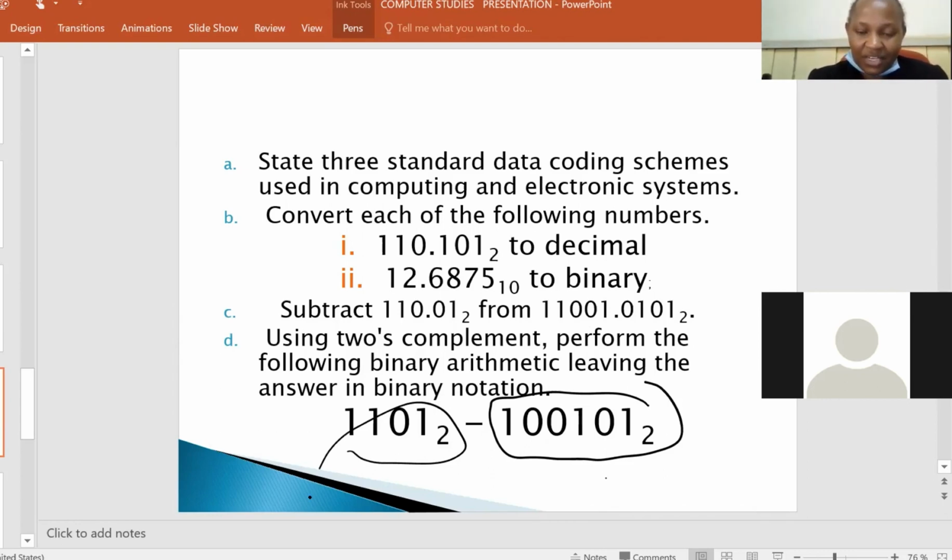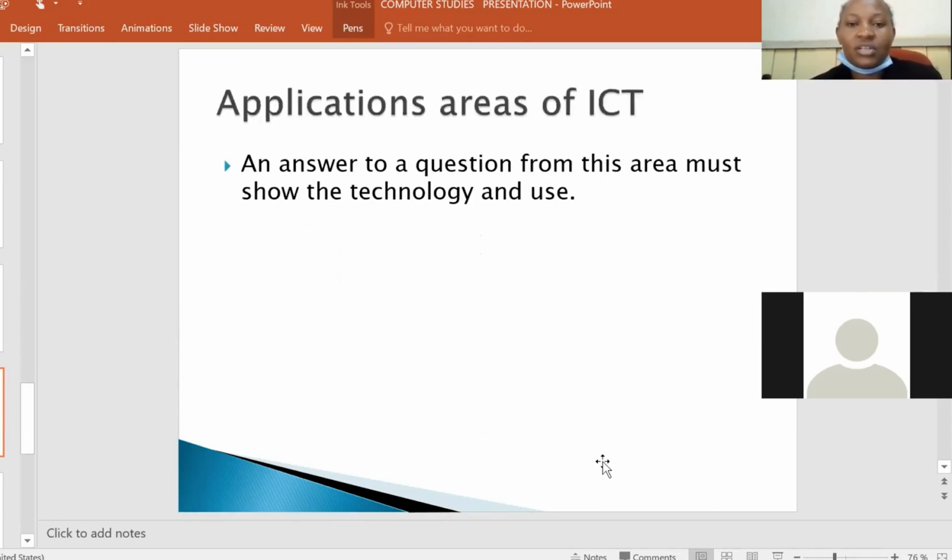If there is an overflow, definitely the maximum number of bits here is 6. So if in your answer you get 6 bits, it means there is no overflow. If in your answer you get 7 bits, it means that the 7th bit to your left is an overflow. So at that point, you just ignore it. Those are some of the questions that you can get from data representation in computers.